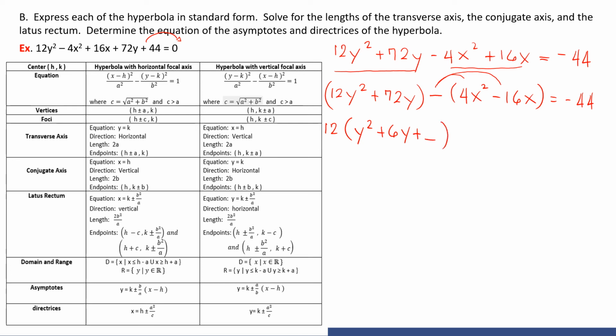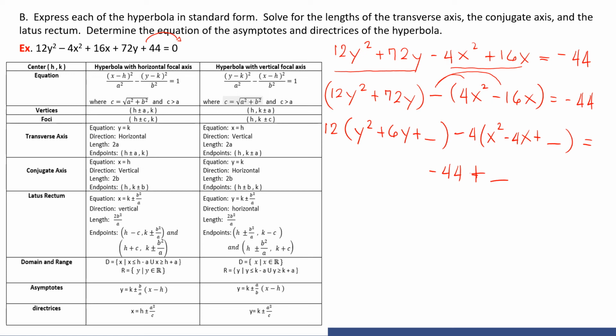We put a plus blank because our target later is to make this y squared plus 6y a perfect square trinomial, which I know you can already do. And then on the other side, we factor out the leading coefficient 4. What remains inside is x squared minus 4x. And then we also add a plus blank. Equal to negative 44 and then plus blank.